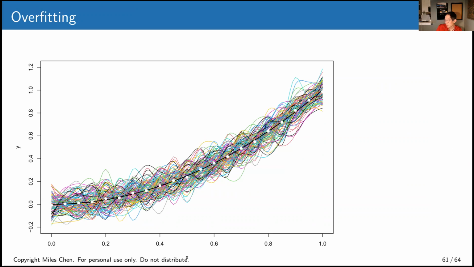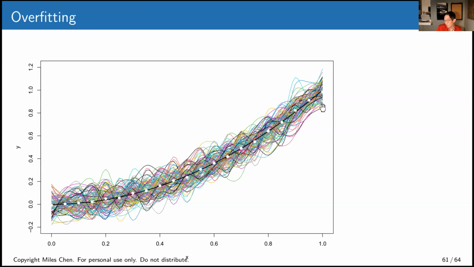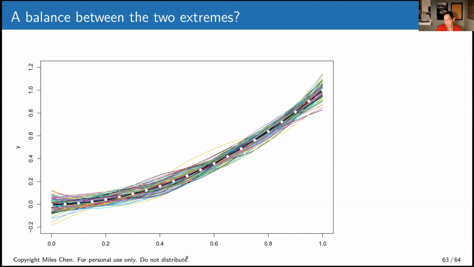But we also don't want very little variance from one random model to another while the average of all of these is no good. So we have high bias, low variance, versus low bias, but high variance. We want something in between, and that's the bias-variance trade-off.